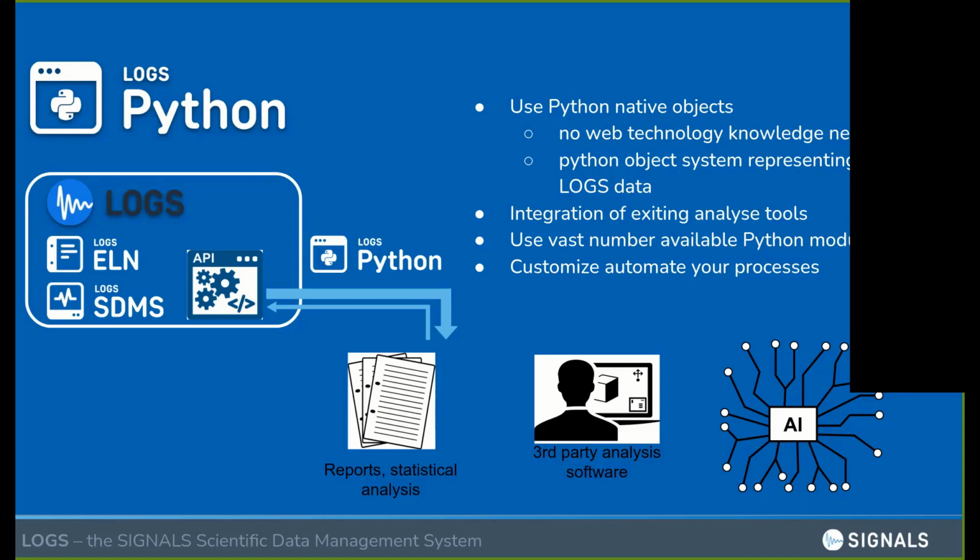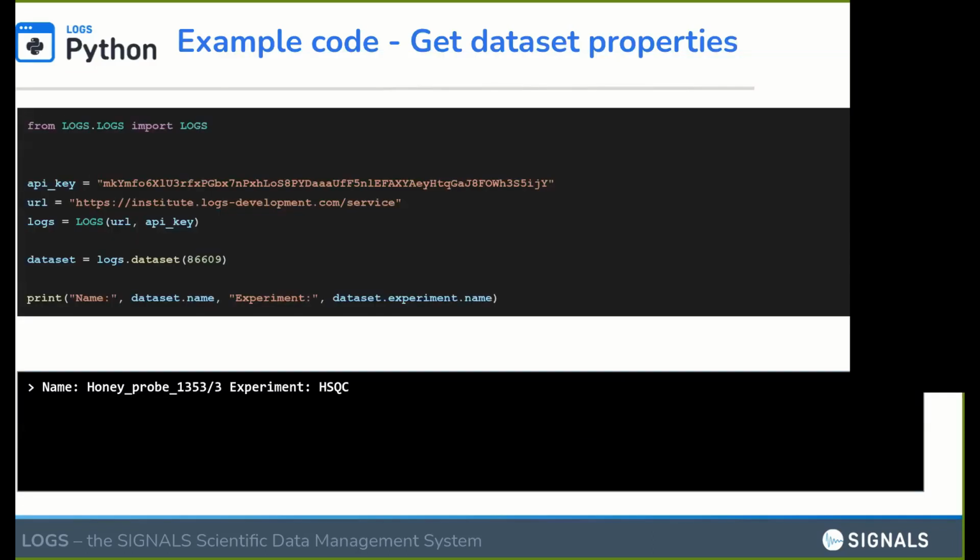And this will allow you to, for example, hand over this report to a user that is not expert in this specific measuring methods. Integration of third-party systems is also easy because they use Python a lot. Also, other tools use it, and you can also use Python analysis for data mining and AI if you want.